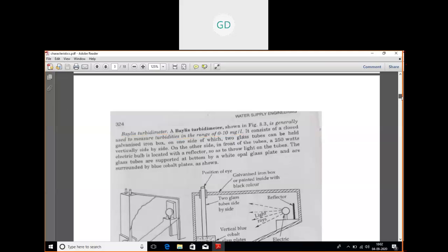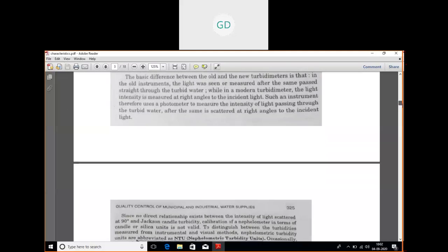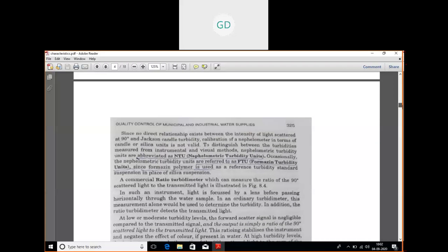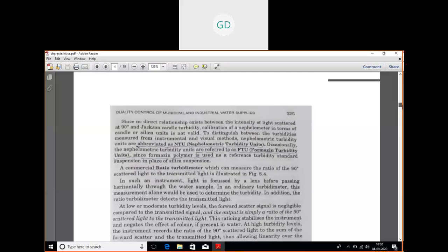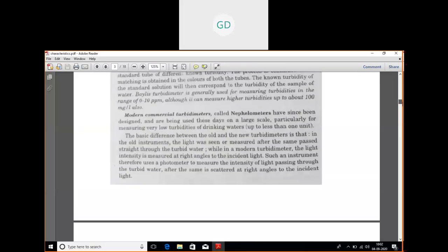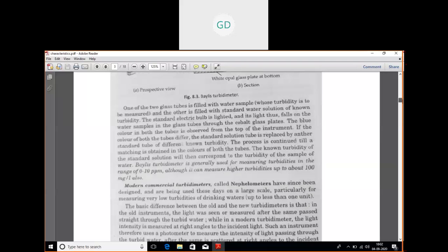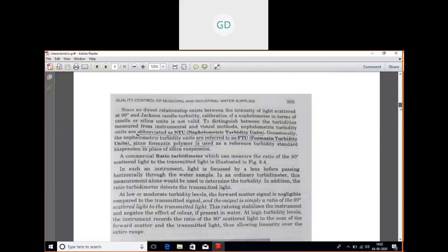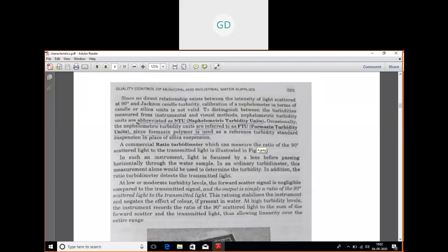Next. Number 3 is your NTU. This one is already marked here.